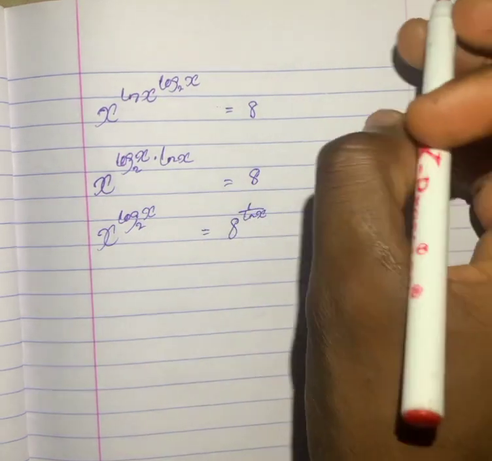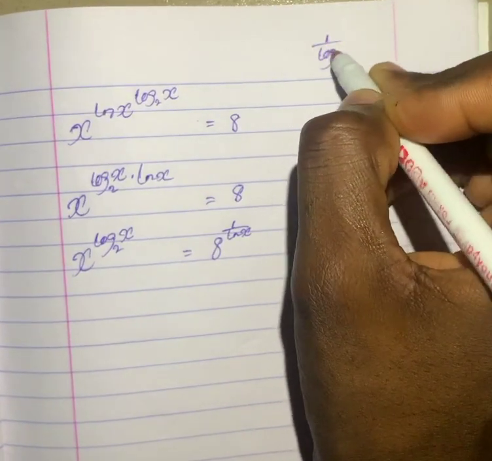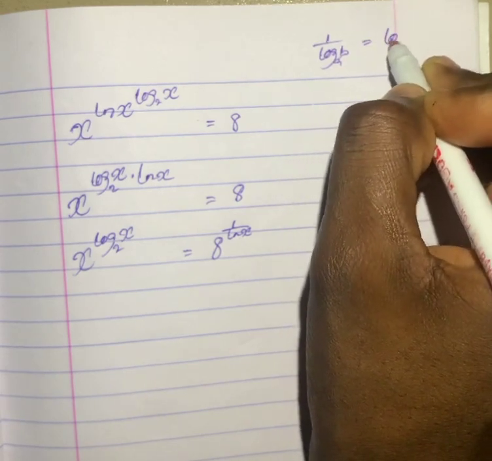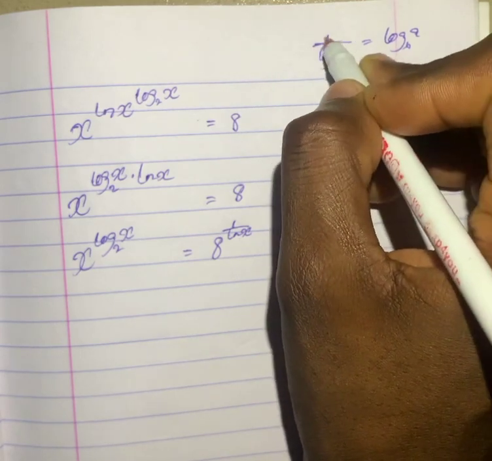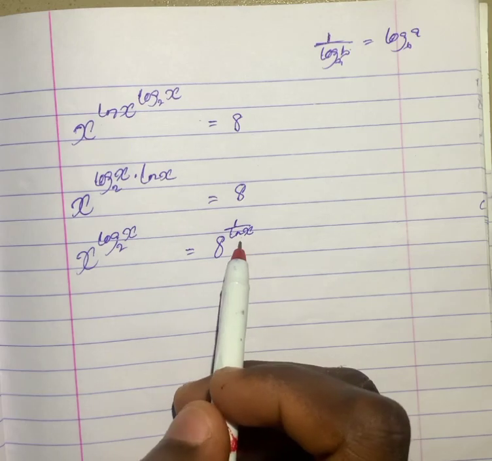We already know ln x is log x base e. And according to logarithm, 1 over log b base a is equal to log a base b. So we change them because it is 1 over log b base a. The same thing applies here.